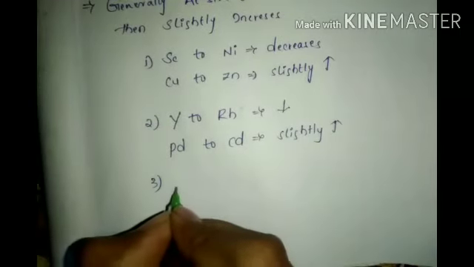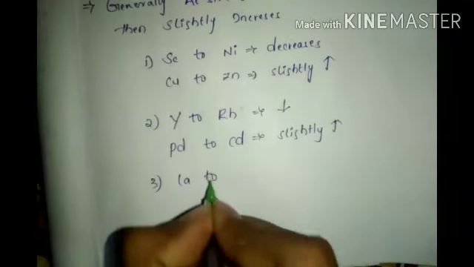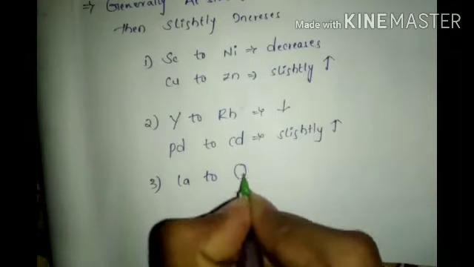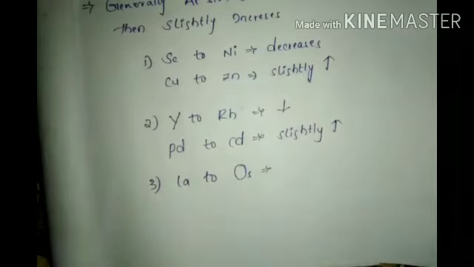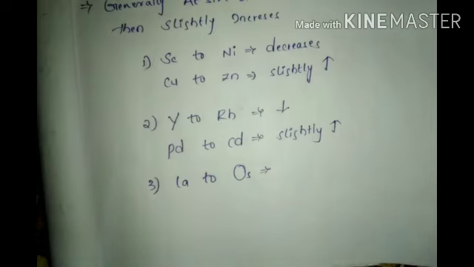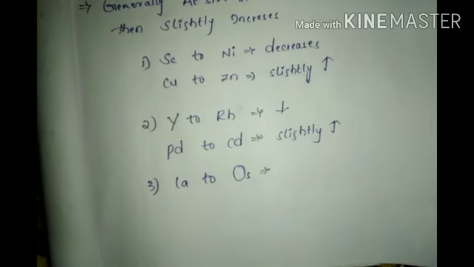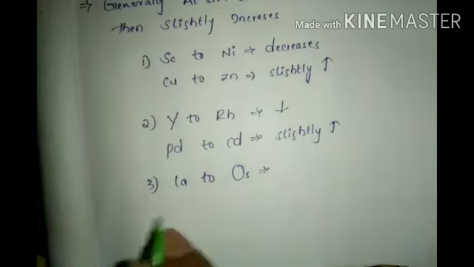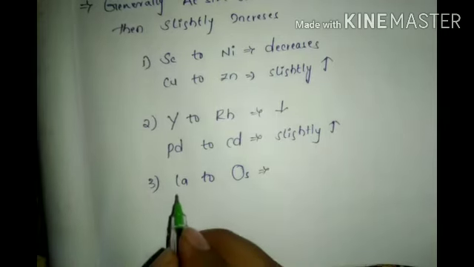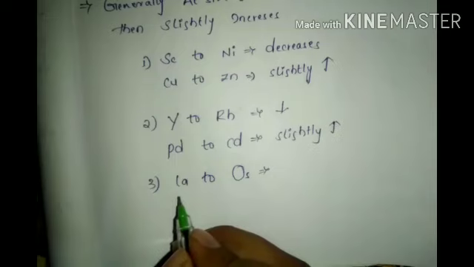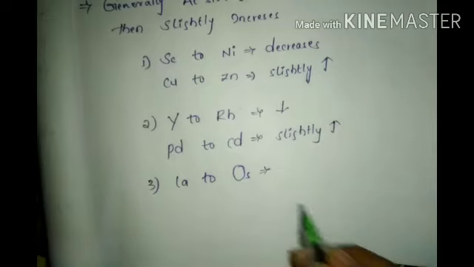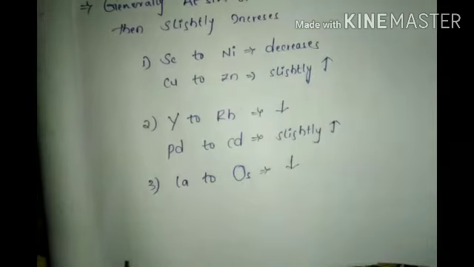Third example, lanthanum to osmium. The highest oxidation state element in the periodic table is osmium. From lanthanum to osmium, atomic size and ionic size decrease.